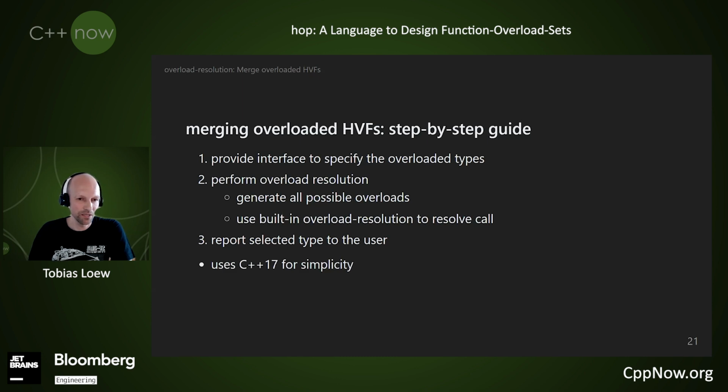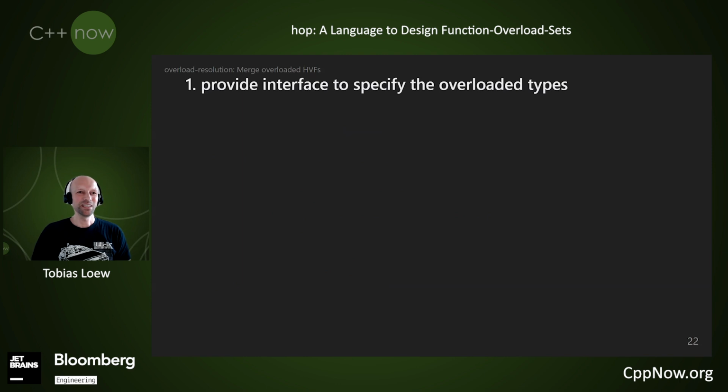And here we will use one C++17 feature for simplicity, and this goes to John Kalb. We will use Boost.MP11 because he asked us to use Boost.MP11. So let's go to our first point, providing an interface to specify the overloaded types.